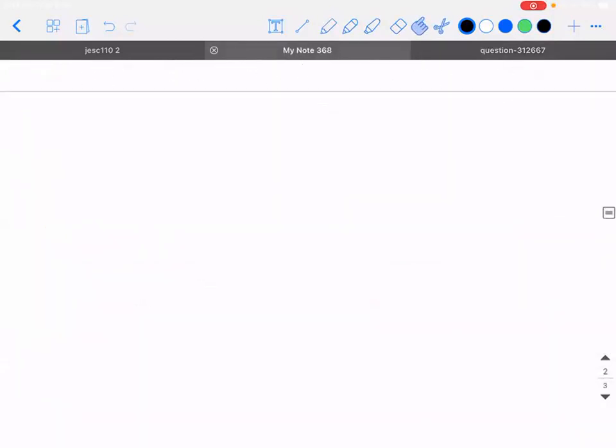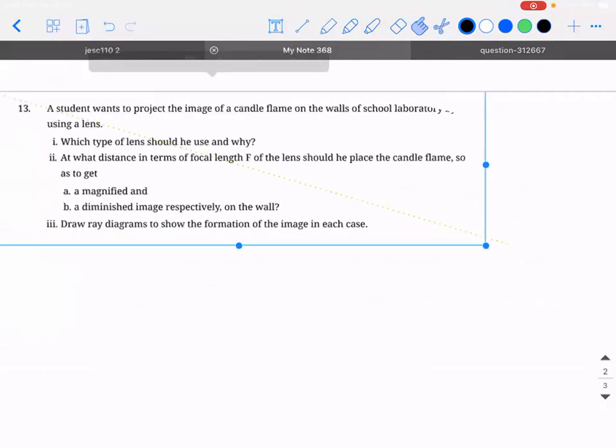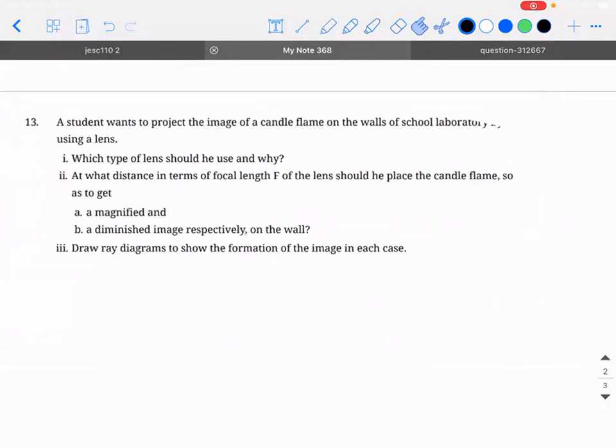So next question. A student wants to project the image of a candle flame on the walls of a school laboratory using a lens. Which type of lens should he or she use and why?